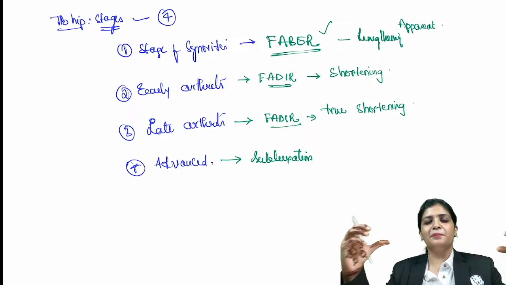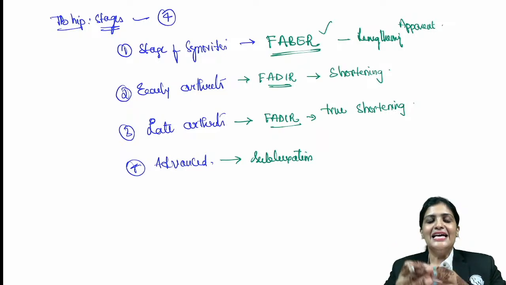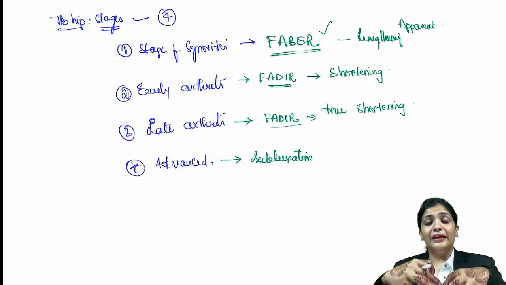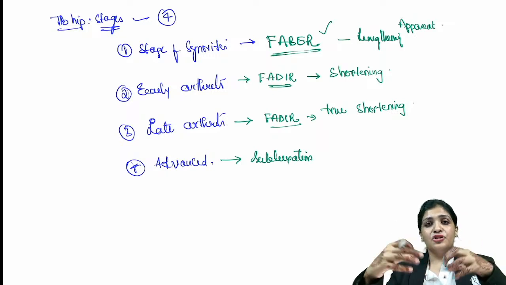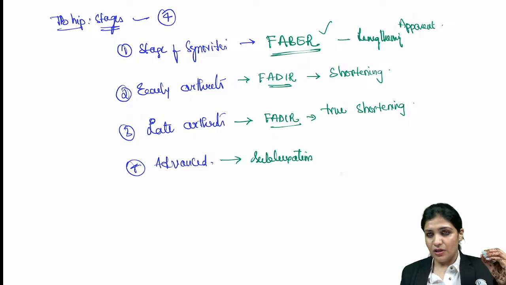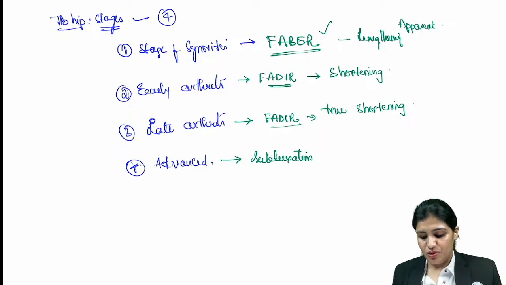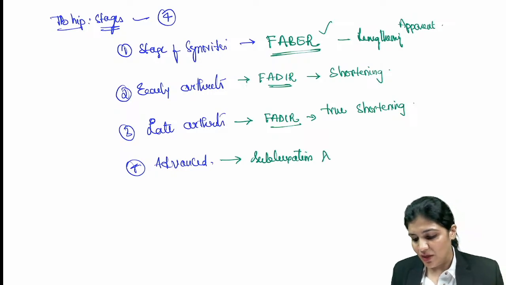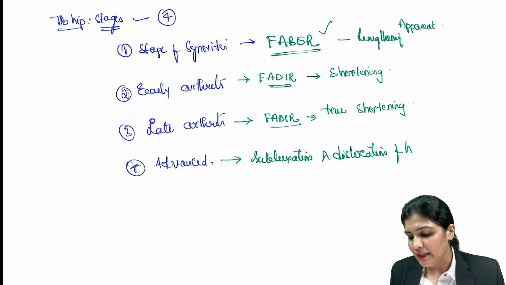So it starts from the periphery of the joint and then enters the center of the joint. By then there are already erosions of the bone, the subchondral bone is eaten up, and the joints become very loose. This is the subluxation and dislocation stage, the advanced arthritis, where you see subluxation and dislocations of the hip.